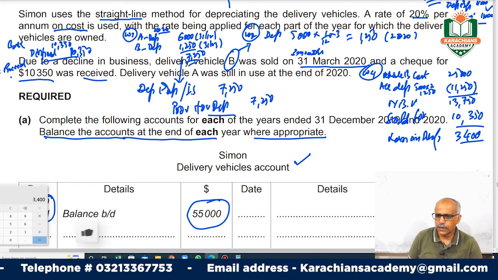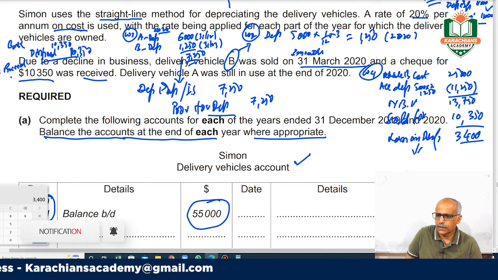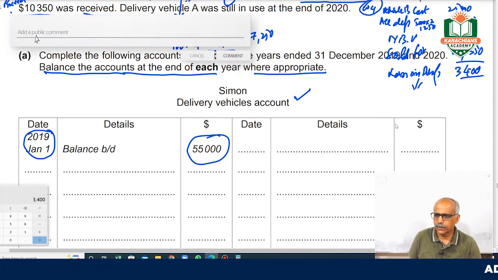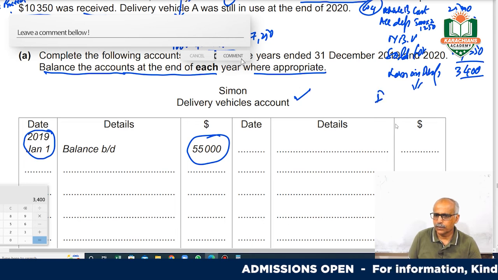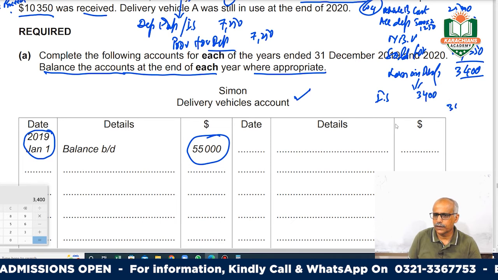Ultimately you do not have to make the entry here, but this will impact your income statement, which will get debited by 3,400.